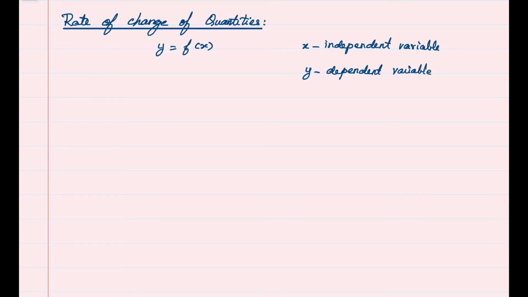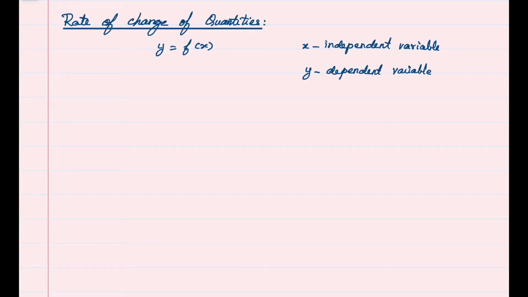So, in general, let us consider y as a function of x. So, as x changes, y is going to change. x is called an independent variable and y is a dependent variable. So, as x changes, y also changes.